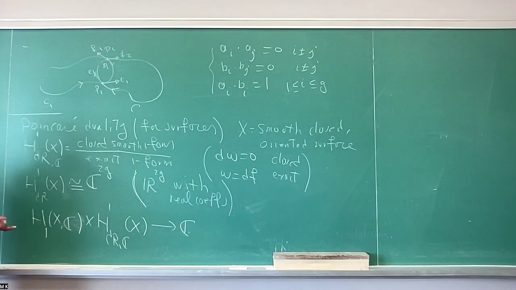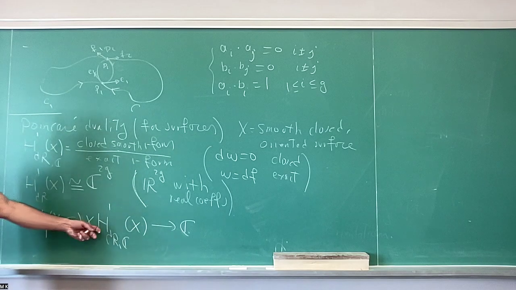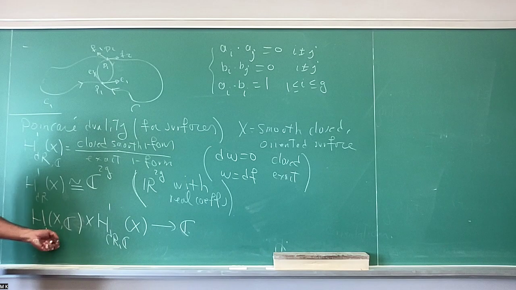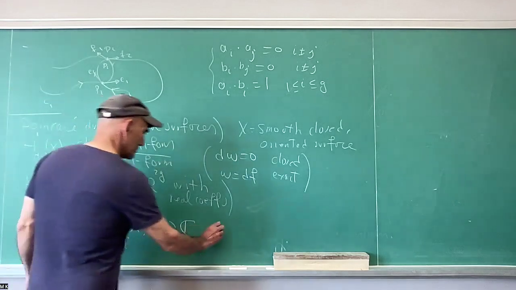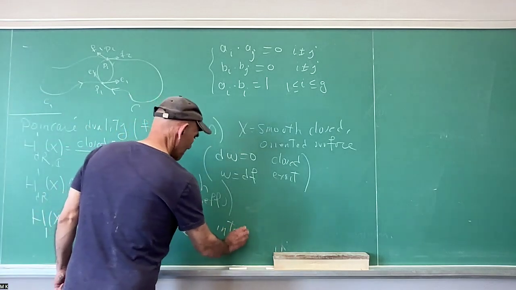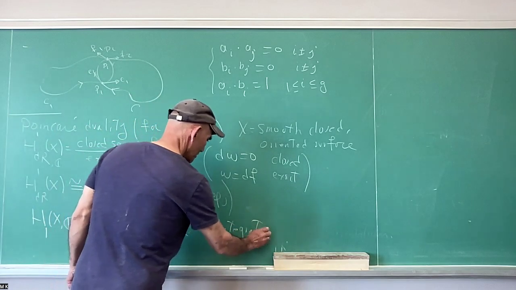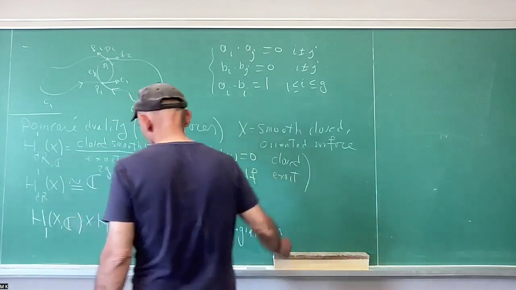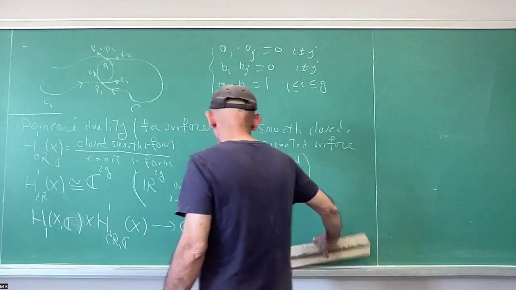So how is it defined? This is essentially integration of a one-form over one cycle. That's just integration. So what does it mean?